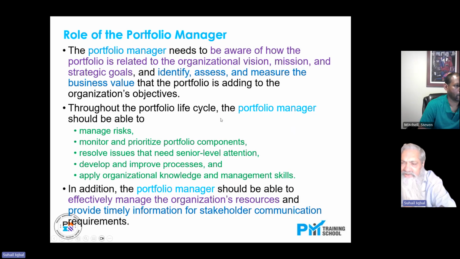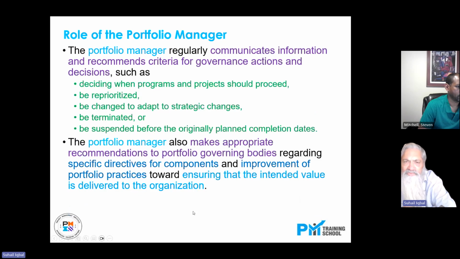Throughout the portfolio life cycle, the portfolio manager should be able to manage risks, monitor and prioritize portfolio components, resolve issues that need senior level attention, develop and improve processes, and apply organizational knowledge and management skills. In addition, should be able to effectively manage the organizational resources. Naturally, we talked about the resources and communication and stakeholders. So this one point is about all that.